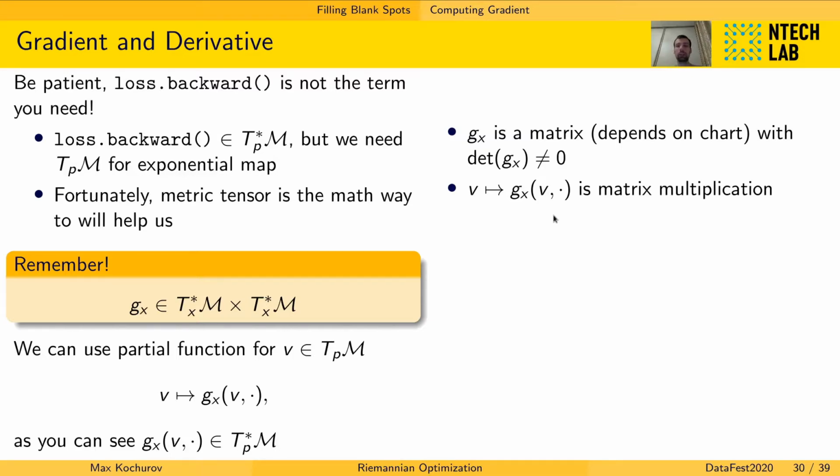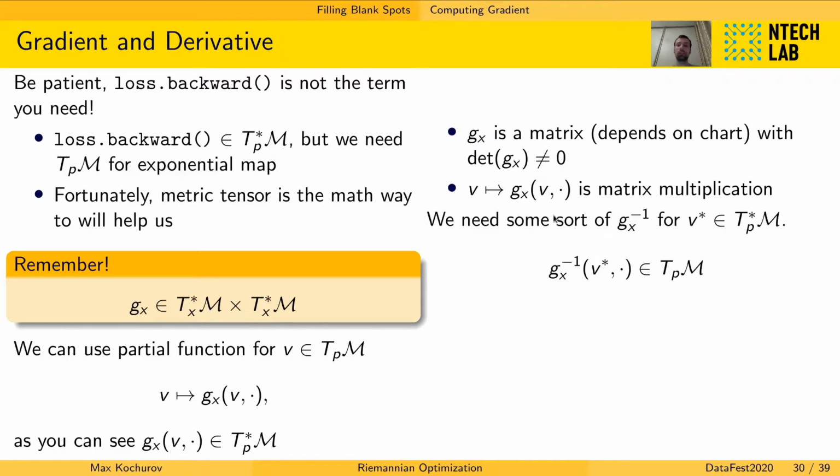And actually, because this metric tensor is just a matrix, we can compute the matrix inverse, and in the same way feed one cotangent vector to this inverse metric tensor, and it will output a function that will instead take functions defined on the manifold, and it will be a tangent vector.